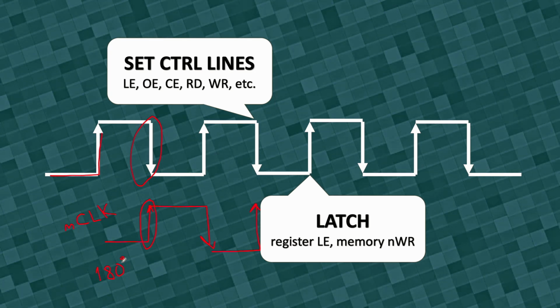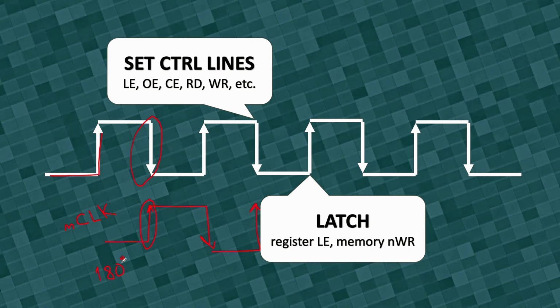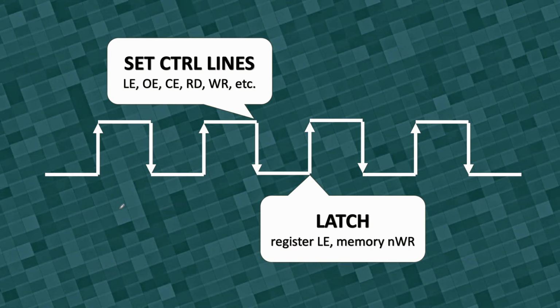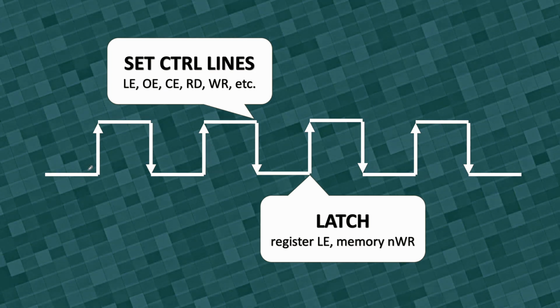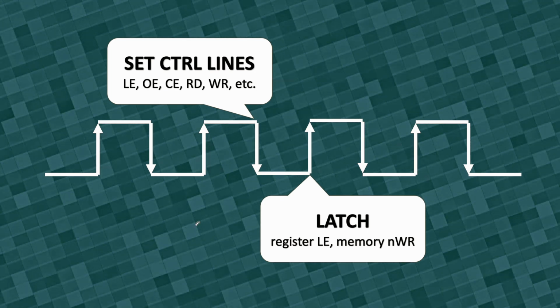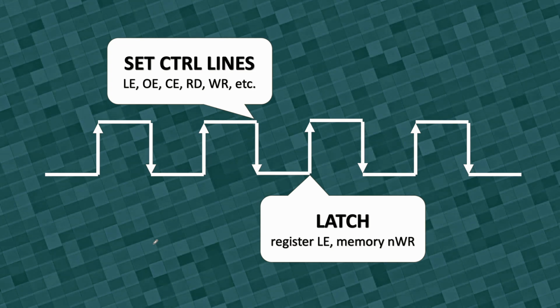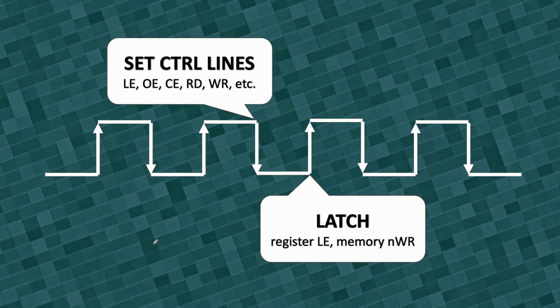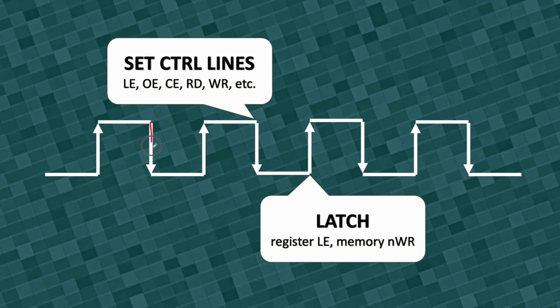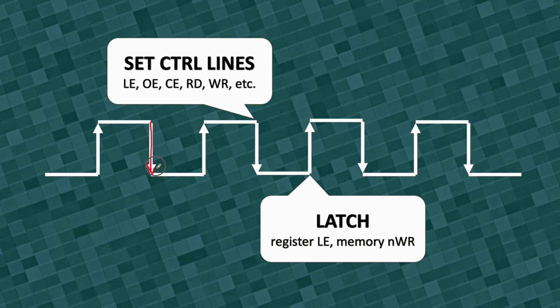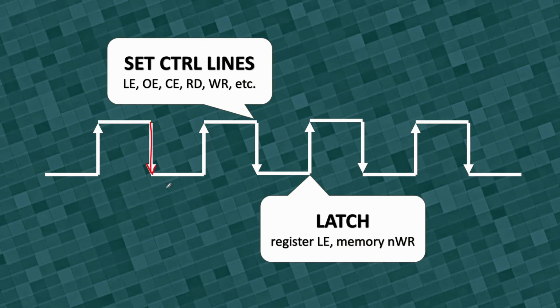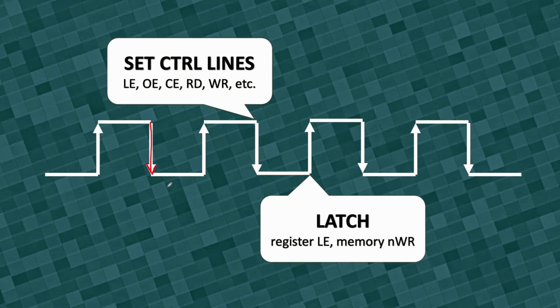If you are not aware of the concept of degrees to determine phase, you can forget about it. All it matters is that there will be an N clock that is the inverse of the main clock. And whatever happens on the rising edge of the reversed clock will correspond to the falling edge of the main clock. That's basically it.